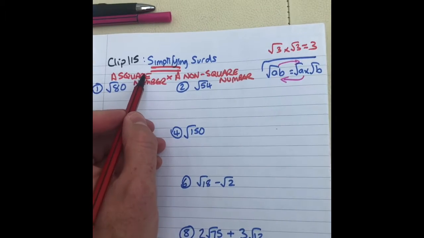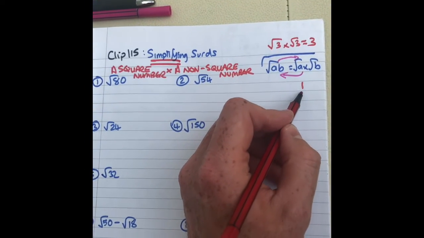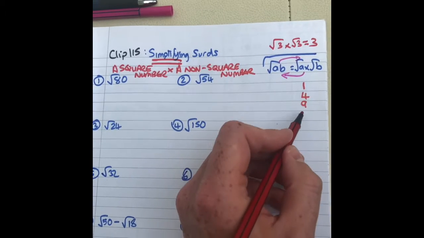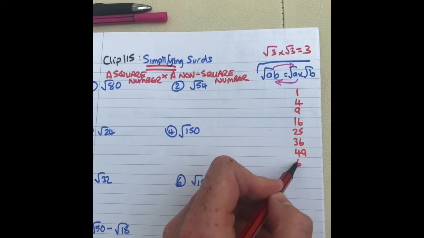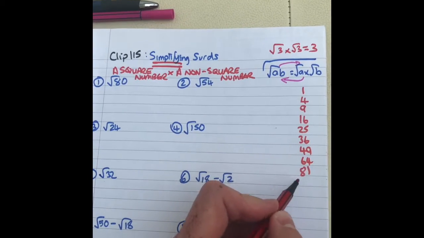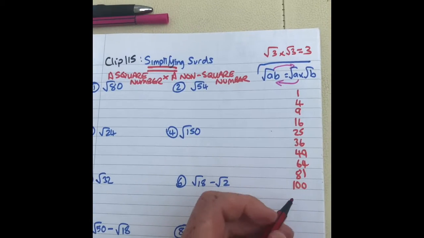The key part to this is your square numbers. It's easier if you write your square numbers down the side, and once you've got these you should be able to spot any numbers that go in. Again, I'll repeat what I said in the previous clip, these are not easy.